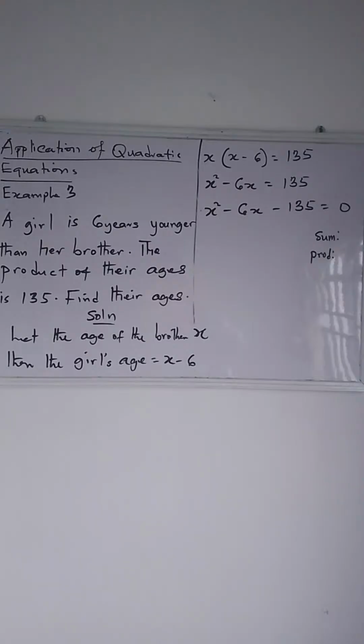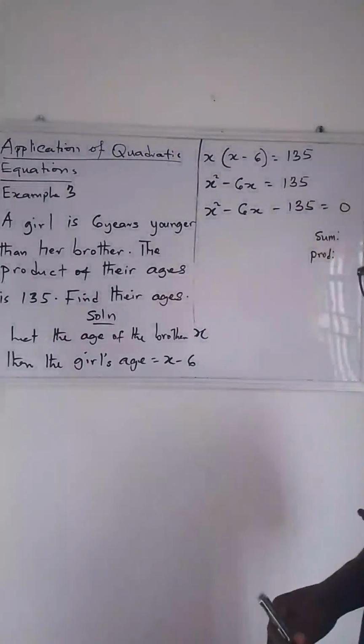Yes. Okay. Sum is 6 and product is minus 35. Yes, I can see that. Okay. Product is minus 35. Sum is 6. Good. I just want to be sure that we're on the same page.